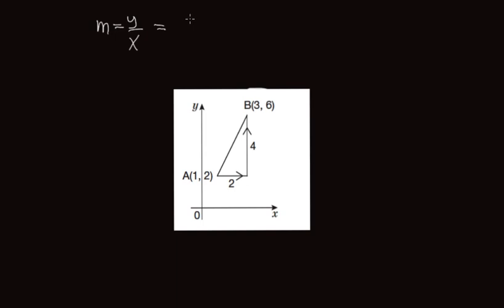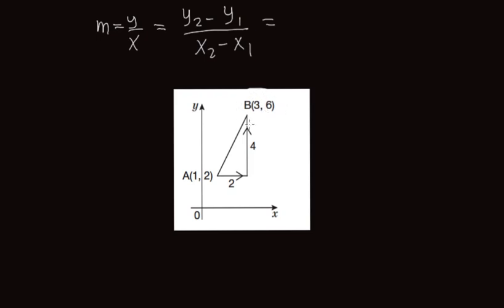Remember that since there are two coordinates, the formula itself is y2 minus y1 over x2 minus x1. Whichever you choose as y2: if you make point A the base, x1 and y1, then point B is x2 and y2.